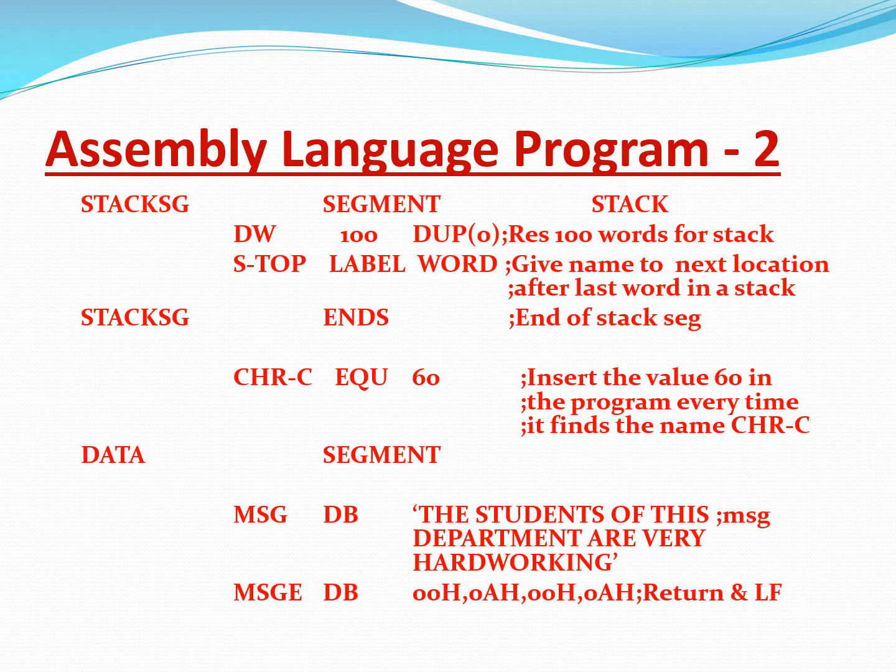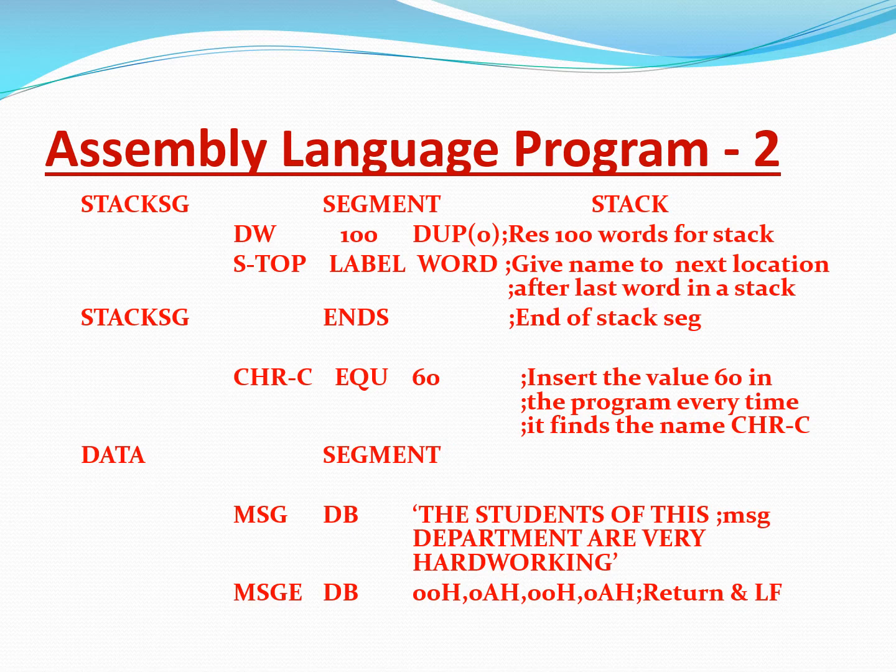But in 8086, it is the next location after the last word in the stack which is being pointed to, and that is called the top of the stack, or stack top, S top. Stack SG ends. Here is the end of the stack segment.